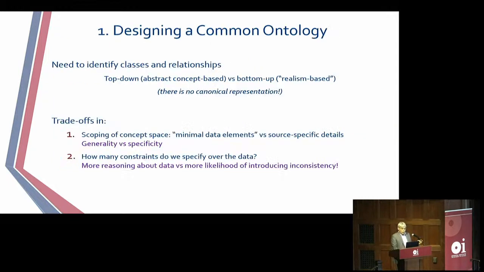Okay, so what do you do once you've decided that you want an ontology or a taxonomy or a schema? Well, the next thing you need to do, if it's a clean slate problem where you're trying to integrate things, is identify the fundamental classes and relationships.